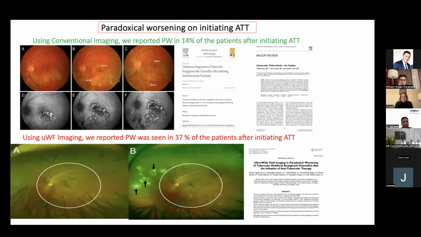But subsequently, as you can see in the bottom panel, when we started monitoring these patients on ultra-wide field, we reported it was seen in as high as 37% of patients after we initiate ATT. That was because we were missing out on peripheral lesions when we were not looking at the periphery.